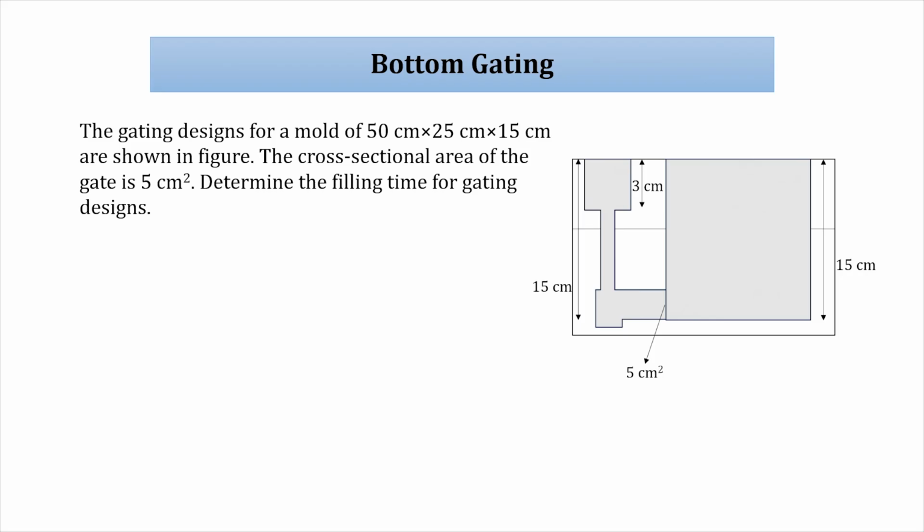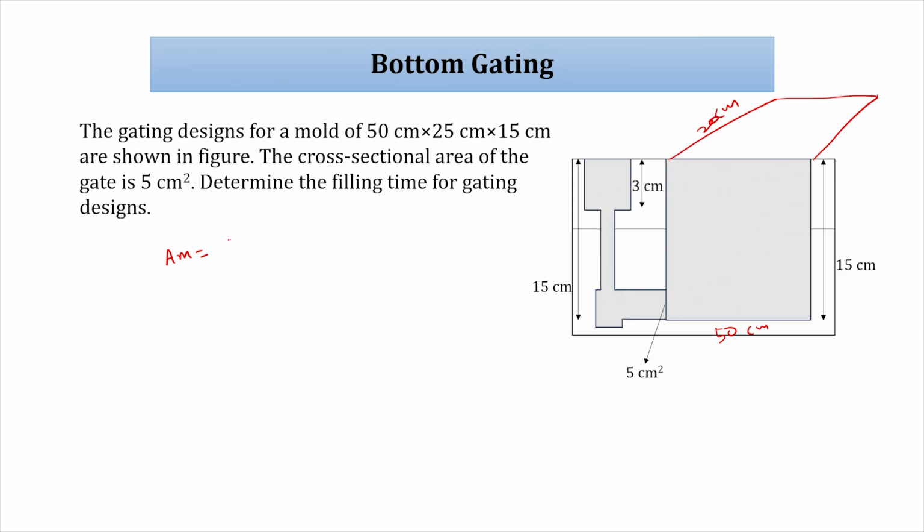What is the volume? The cross section area is 50 by 20 cm, and depth height is 15 cm, as we discussed in the previous question on the top gating system. And here, so what is the answer? So, Tf, what is Am?